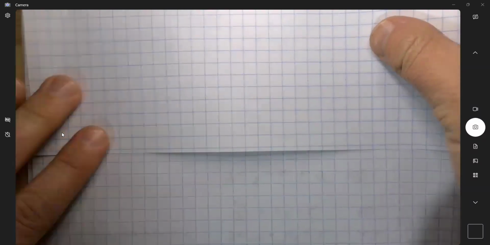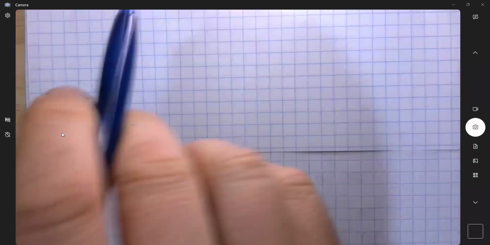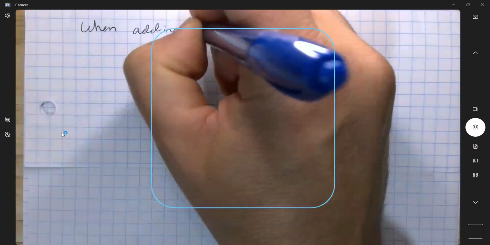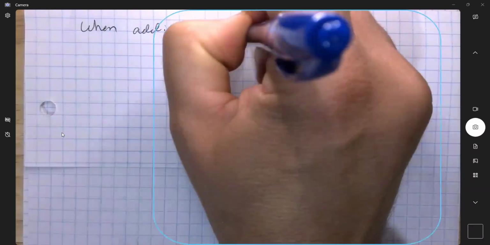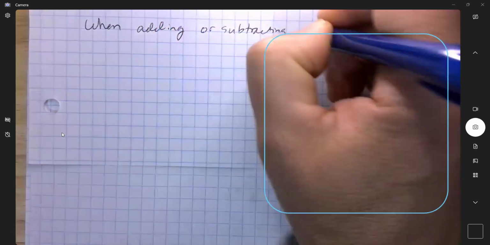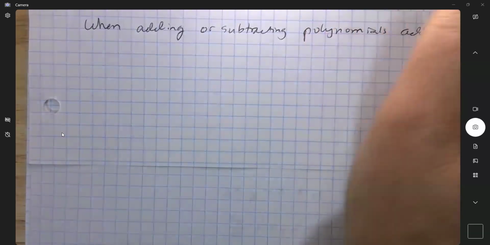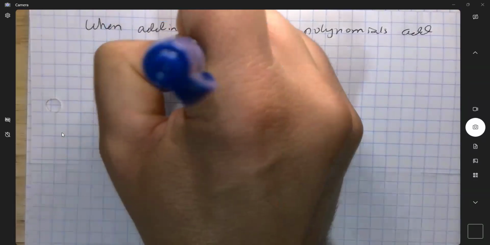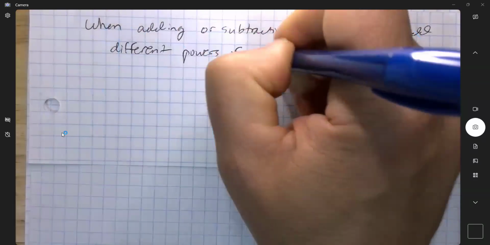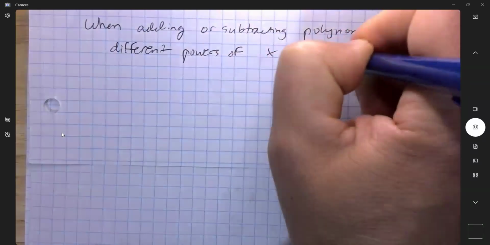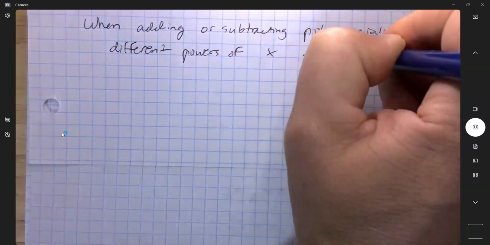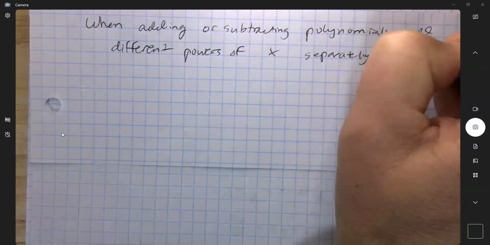So when adding polynomials, and adding also includes subtracting, polynomials add different powers of x separately. These different powers are called like terms.